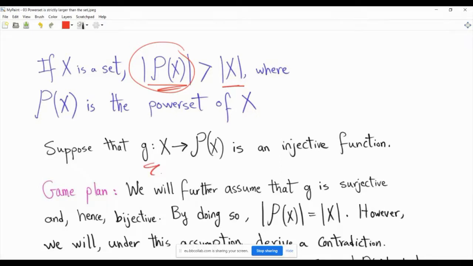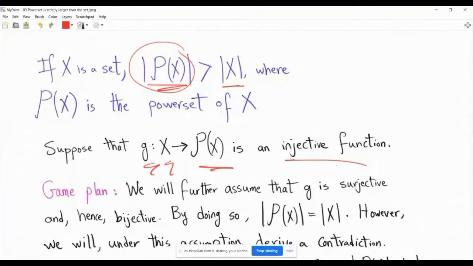We'll assume that we have G, a function between x and the power set of x, and we will assume that it is an injective function. Now you may ask, how are we guaranteed to find an injection between x and the power set of x? Well, this is guaranteed because the power set of x includes all the singletons, all the subsets that contain just one element.